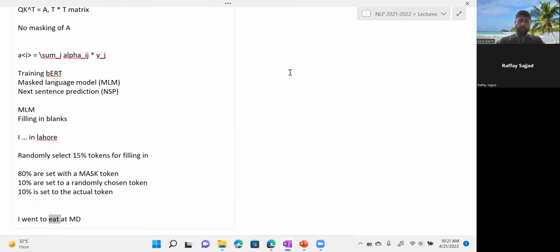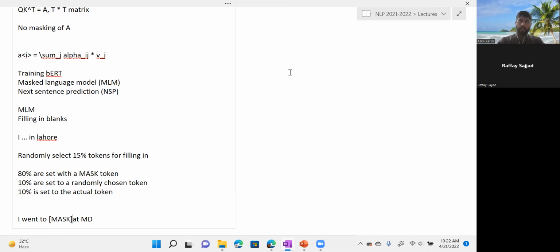Let's say eat is selected. So this is the blank that we are now considering. In this particular sentence, let's say there was just one blank that was selected. So here, obviously, it was eat originally. Now again we do another random number generation, and 80% of the time we replace this with the mask token. Okay, 80% of the time.